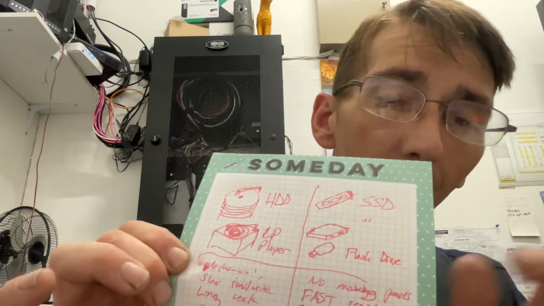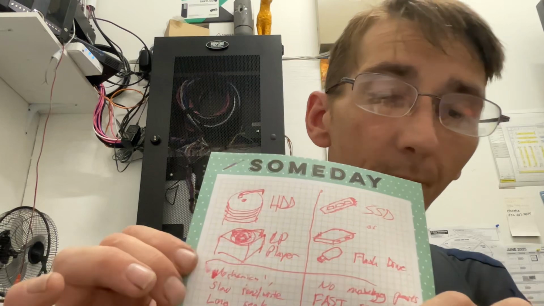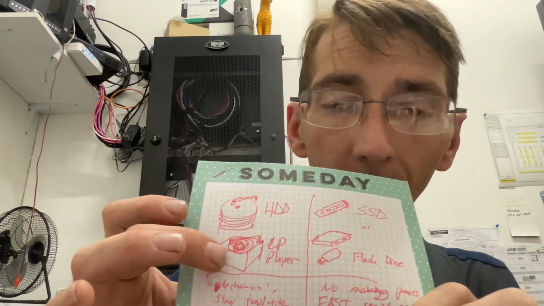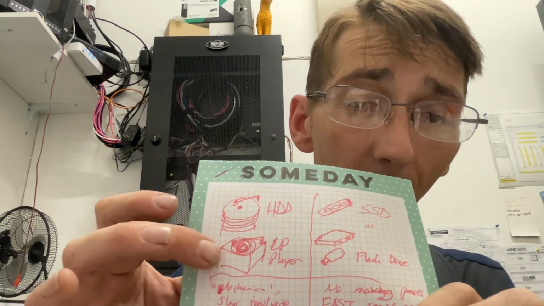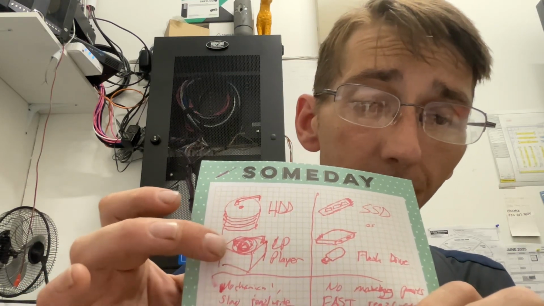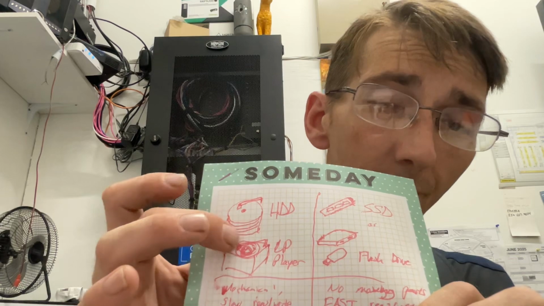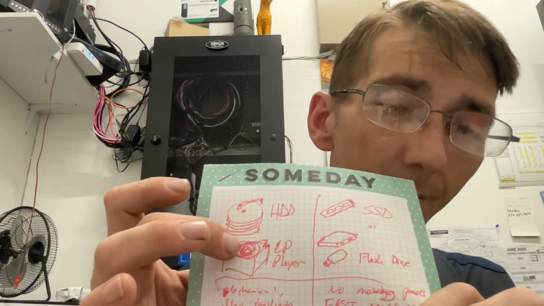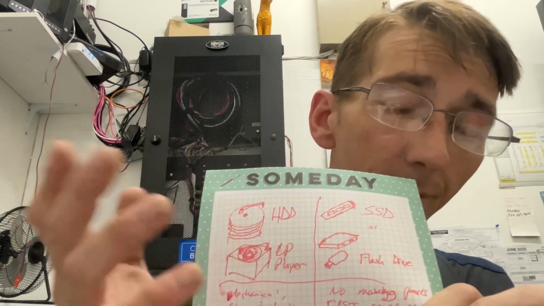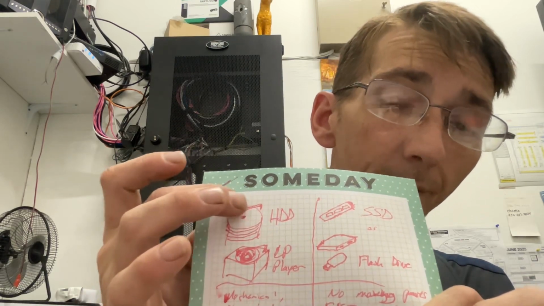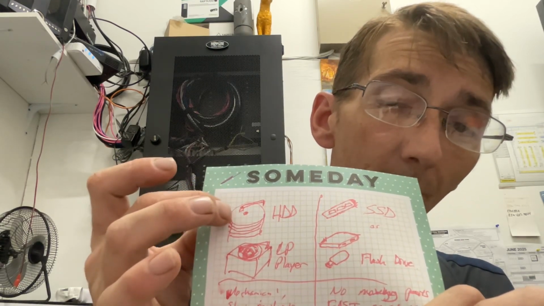There are older ones that spun at 5,400, but that's kind of trivial at this point. And this is supposed to be an LP record player. It's the exact same concept, a spinning disc, something to read the data from it, whether it's the needle on the LP player or the read head on the HDD.